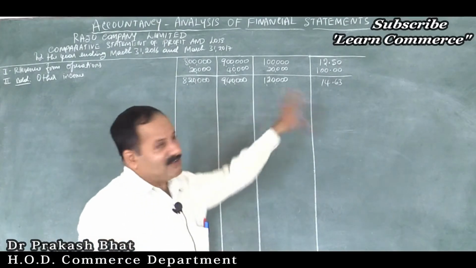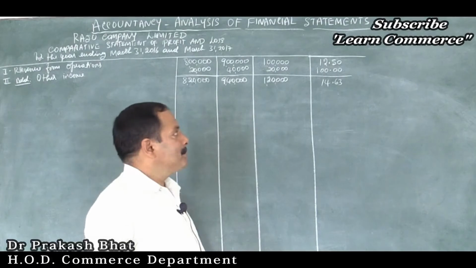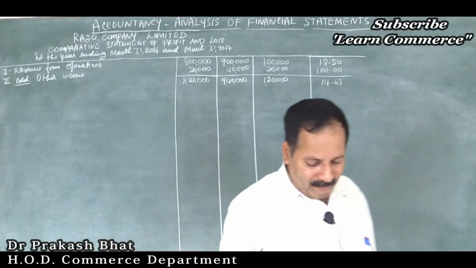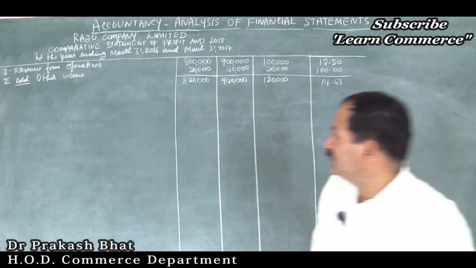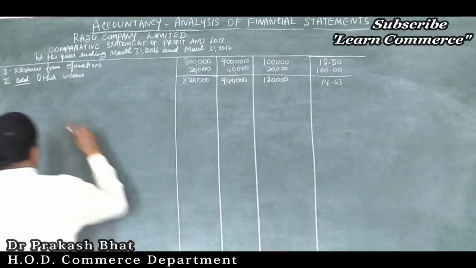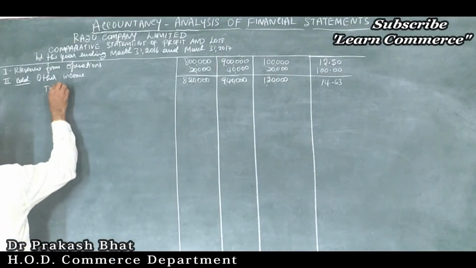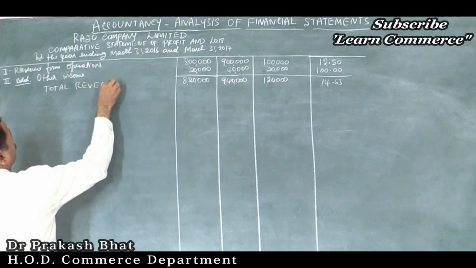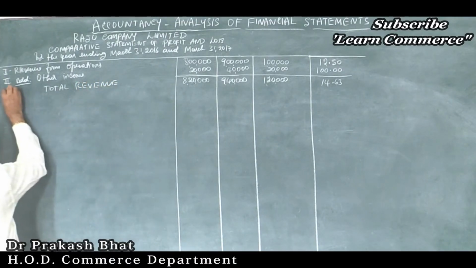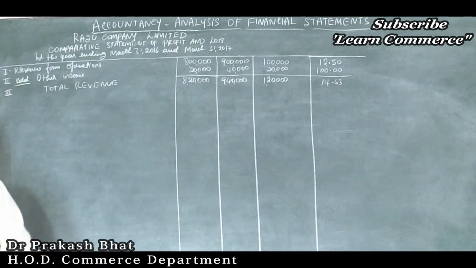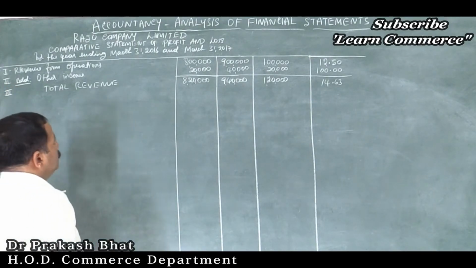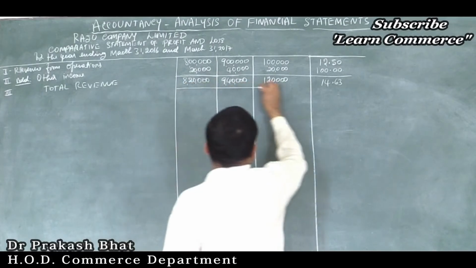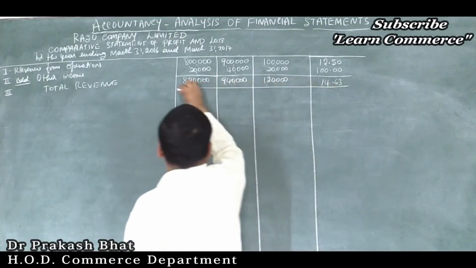You have to calculate and write the percentage. Okay? Yes. Then this is called total revenue, that is point number 3. Now, underline this, because this is the revenue part, that's over.